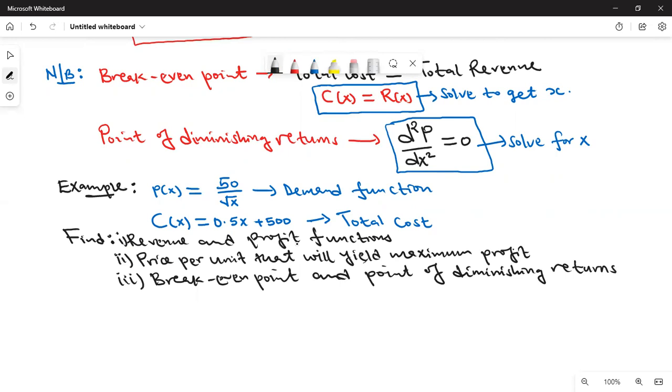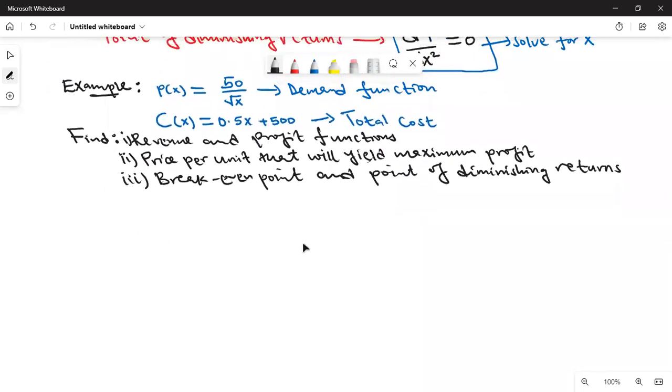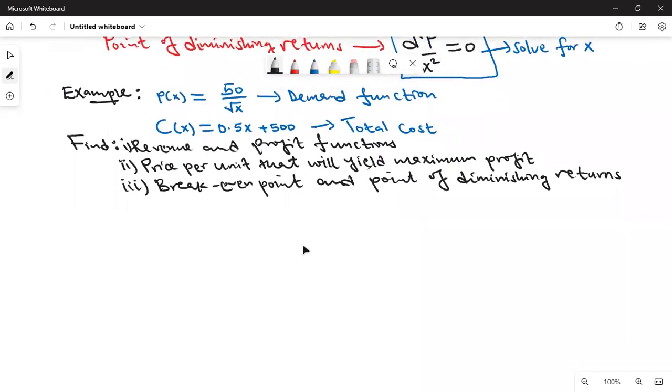So we need to find the price per unit that will yield the maximum profit, etc. So let's work out this problem. First of all, we need to know what is the revenue and profit.